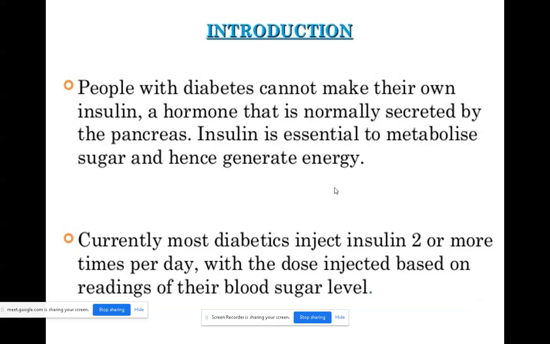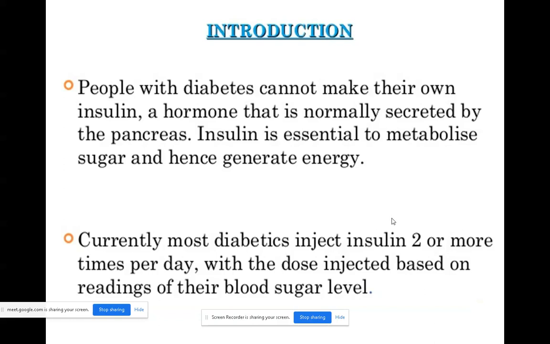An insulin-deficient person is none other than your diabetes patient. They will be consuming the insulin hormone for treatment, to metabolize sugar for generating energy.